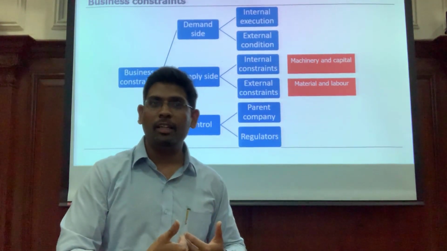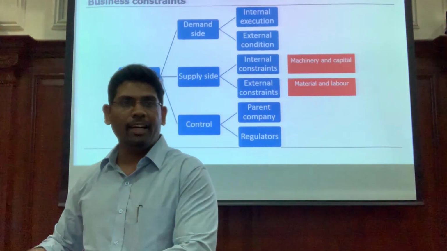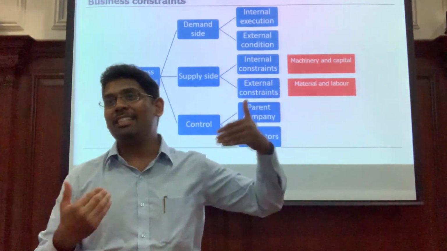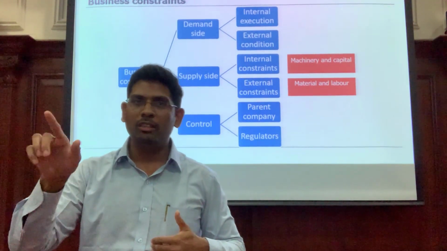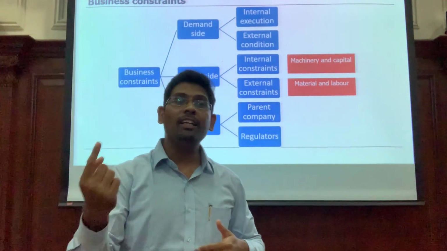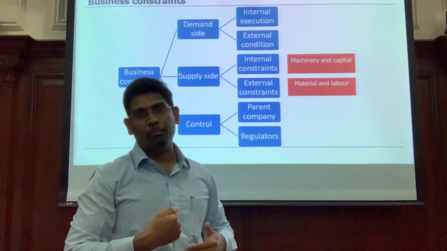They impose the constraint, right? Let's say I'm a shared services provider. I'm a BPO in India working for, let's say, a US company. Now, as such, I can provide service across the world to any company, but the parent company says, no, stick to our company. You're not supposed to provide service to anybody else, right? So that is an internal constraint, internal control by my parent company.